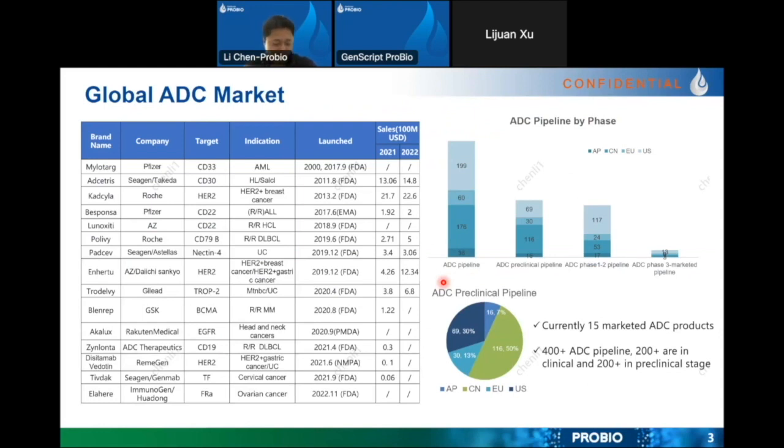It is half and half for solid tumor and blood tumor. In addition, there are more than 200 pipelines in clinical trials and another 200 plus pipelines in the preclinical stage. The United States and China are the biggest cancer therapeutic markets and take about 80% of the global pipelines.